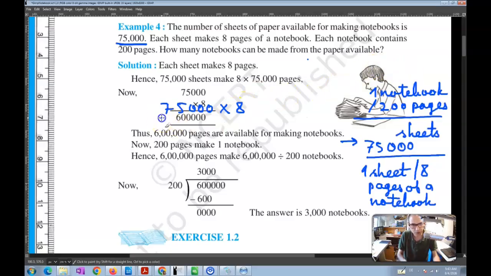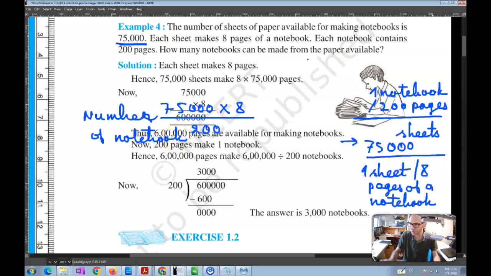So if I divide this whole number of pages that I have by the number of pages required for one notebook, this gives me the number of notebooks that I can make, right?